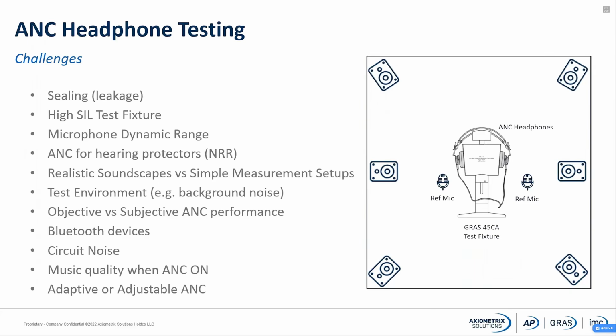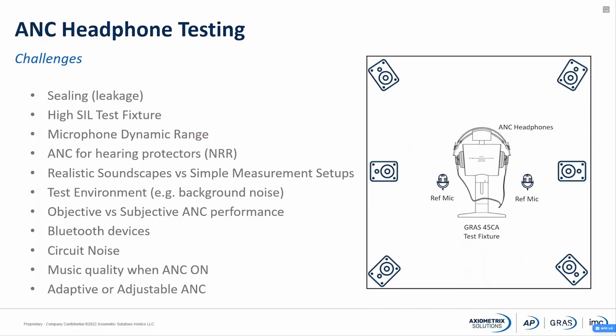So for example, if we have a test fixture with a very low self-insertion loss, that will limit the maximum amount of ANC performance that we'll be able to measure for the test fixture. So we want to make sure to get a very high self-insertion loss test fixture so we can measure the ANC performance properly.